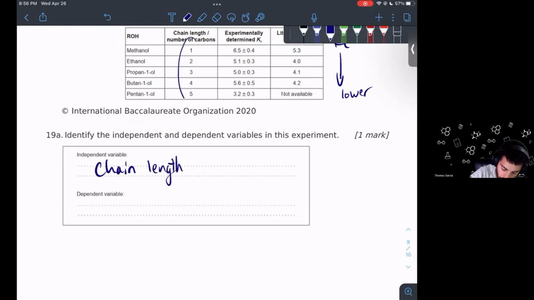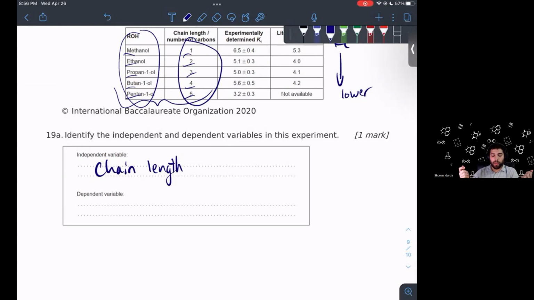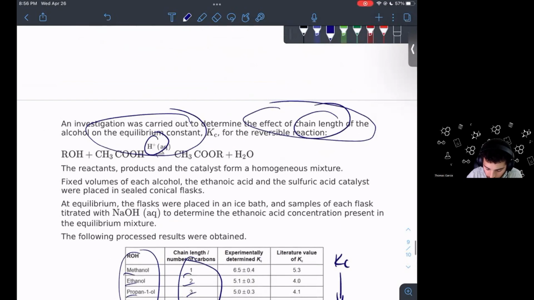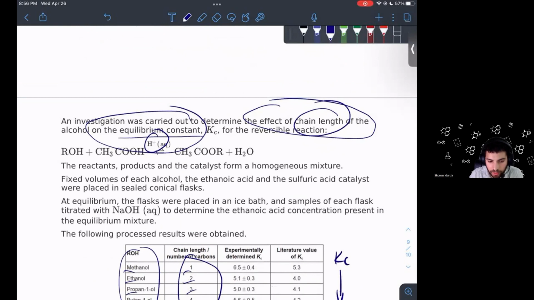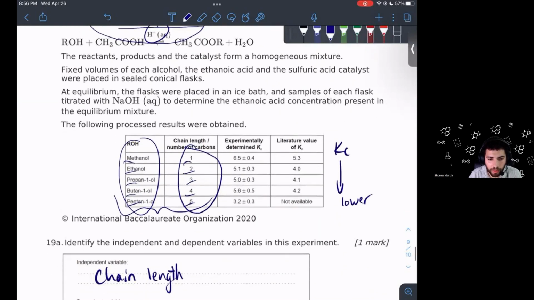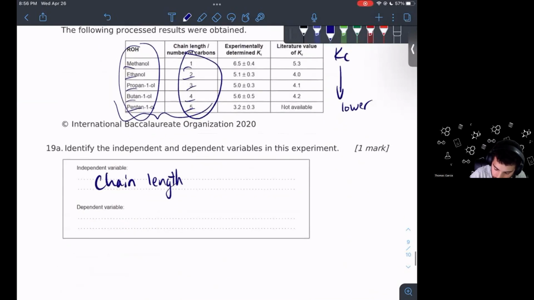Another little secret is it's usually the first column that's not labels. Here's our labels, but then again, these are the same exact thing. Meth means 1, eth means 2, prop means 3, but means 4, pent means 5. And we have 1, 2, 3, 4, 5. Just by logic, you can determine that chain length is our independent variable. All right, dependent variable, they literally told us the effect of chain length on equilibrium constant.